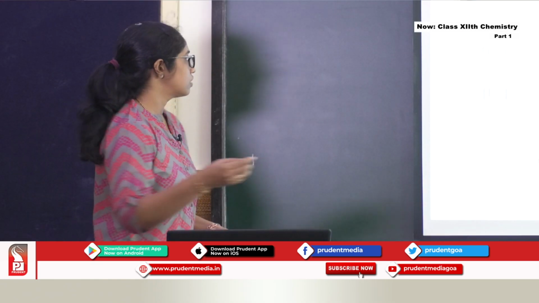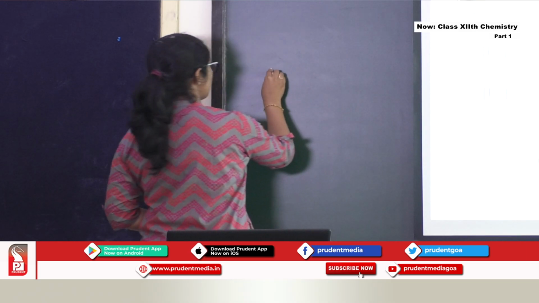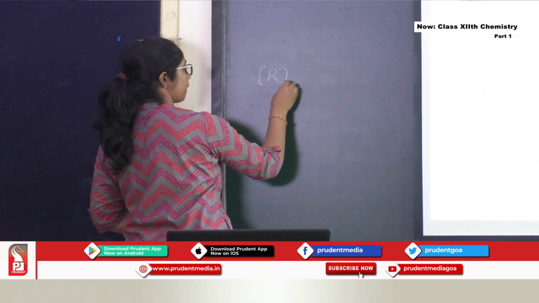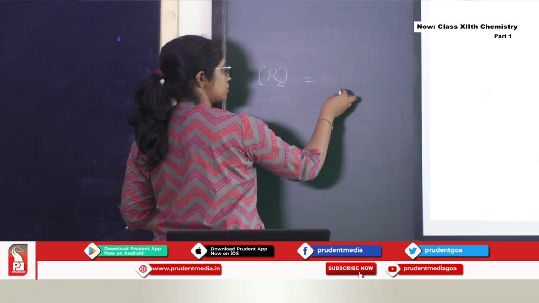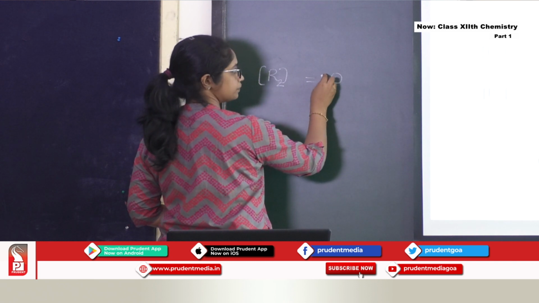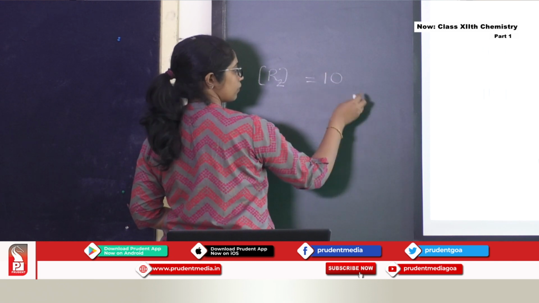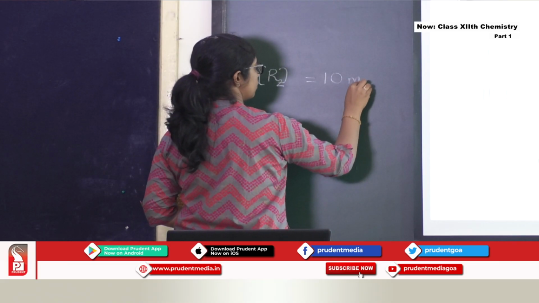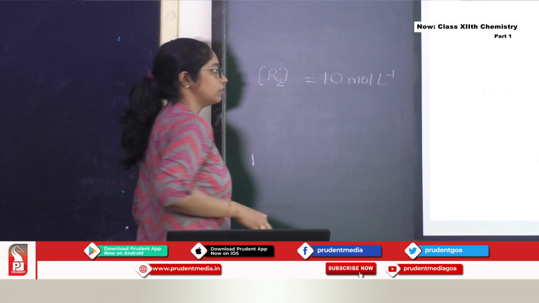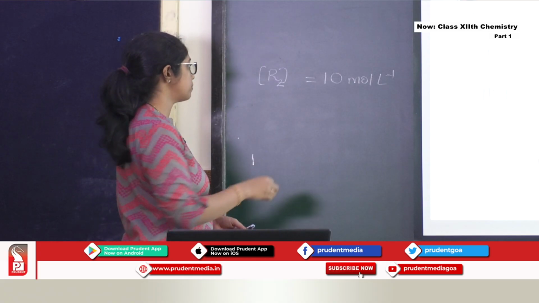That is, suppose I take R2 concentration as 10 moles per liter. Normally the unit of concentration is moles per liter.